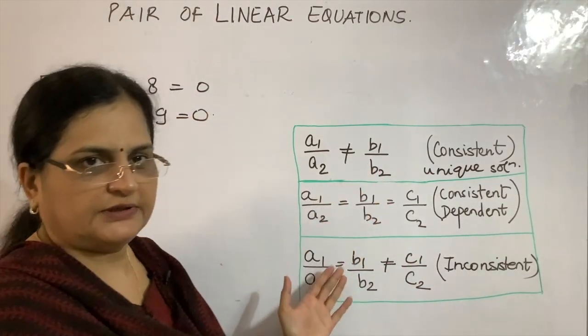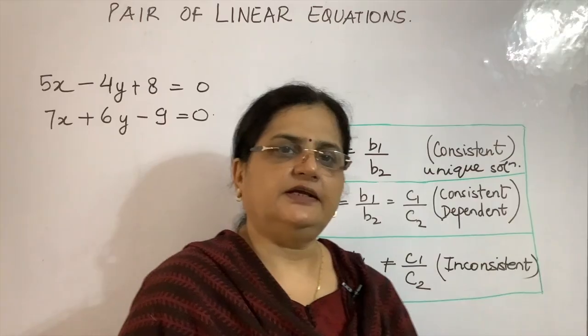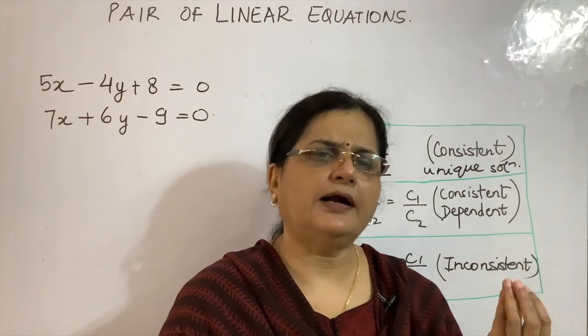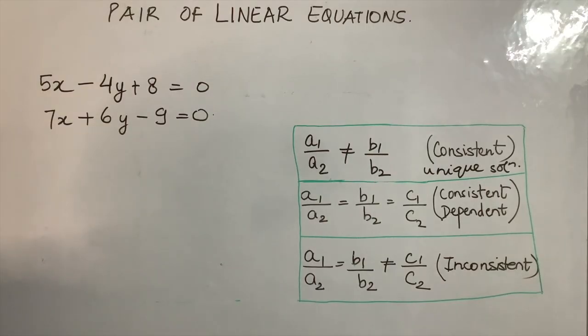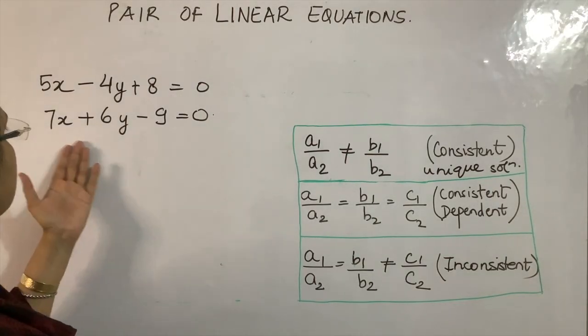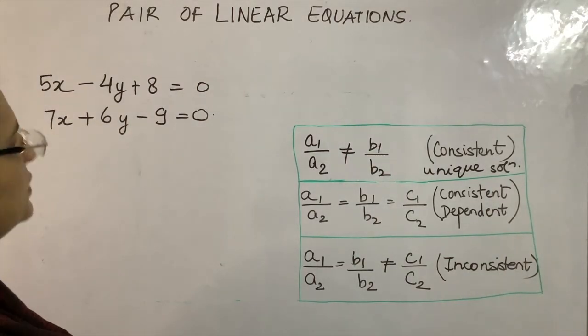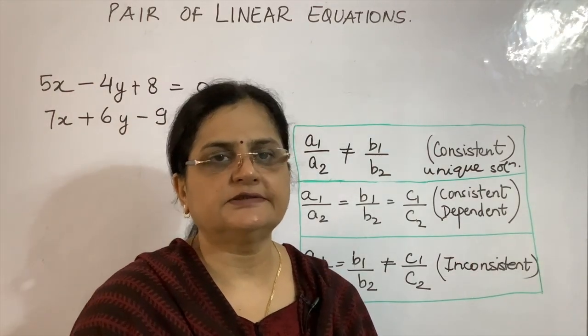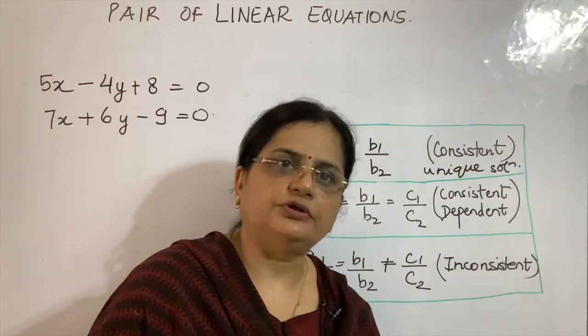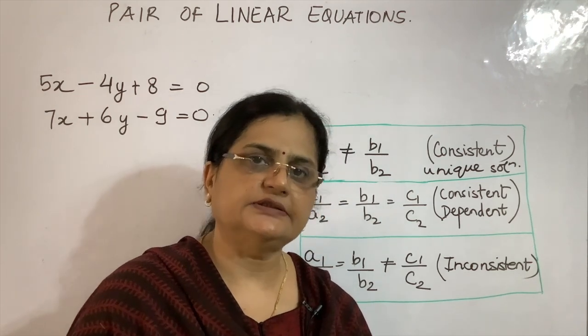So having understood this, now it is very easy. The questions will hardly take any time to solve. So the first question is 5x minus 4y plus 8 is equal to 0 and 7x plus 6y minus 9 is equal to 0. We have to say whether these equations are consistent or inconsistent, or how many solutions these equations have.